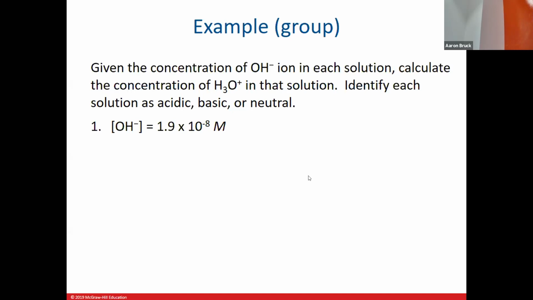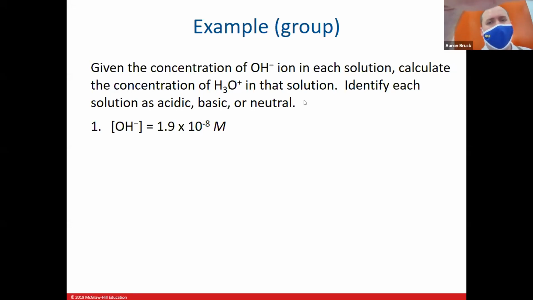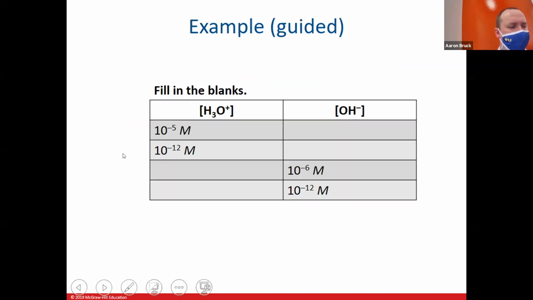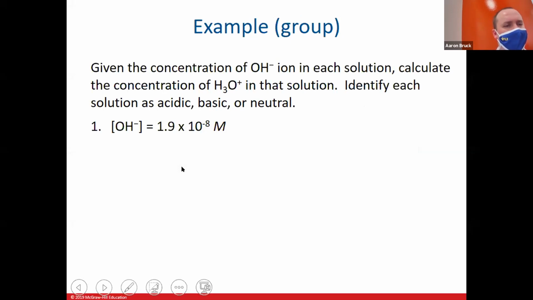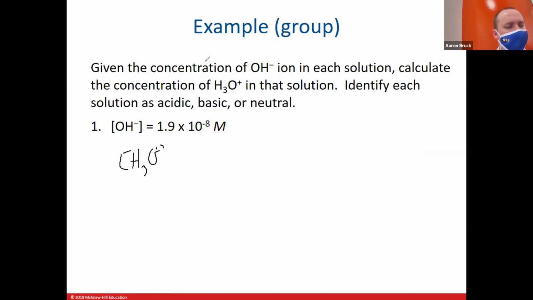So the equation that we use for an example like this would be the same. The concentration of hydronium is equal to 1 times 10 to the negative 14th over 1.9 times 10 to the negative 8th.